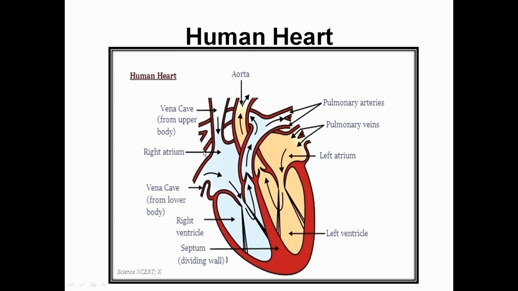Now come to the right side of the heart. It carries deoxygenated blood, and this deoxygenated blood comes from the upper part of the body and the lower part of the body. The vessel which carries deoxygenated blood from the upper part of the body is referred to as upper vena cava.